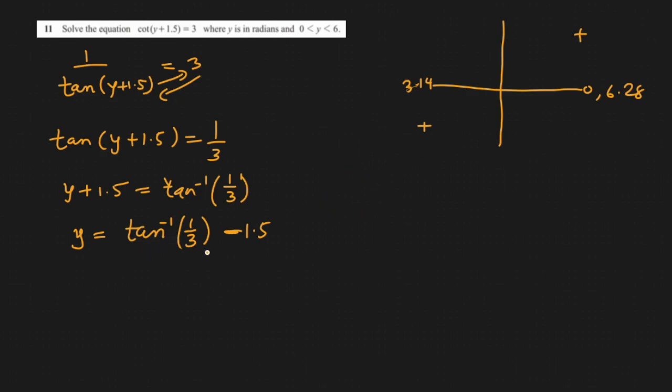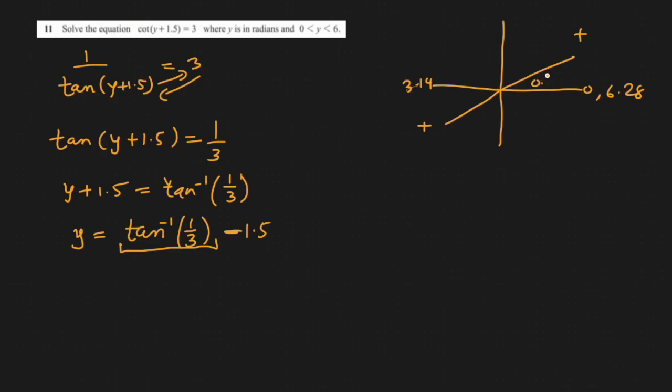So first I'll put tan inverse 1 over 3 in my calculator and see how much it is. I'm getting 0.32175. So I can write this as 0.322. I will not use minus 1.5 right now. I will first evaluate this and write 0.322 in the quadrants where it is positive.